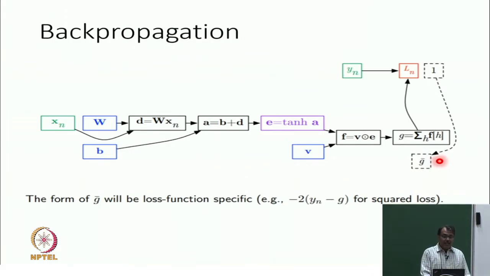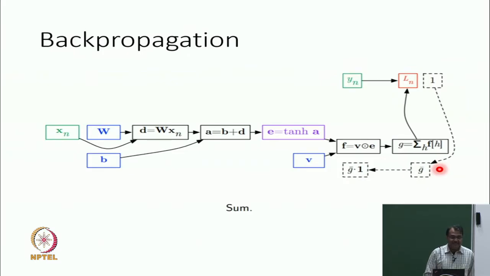In particular, g is a sum of all the fi's. So the derivative of g with respect to fi, because it's just a summation, will be 1. So therefore, f bar would be same as g bar.